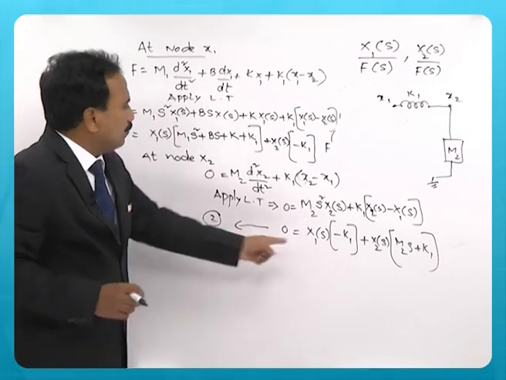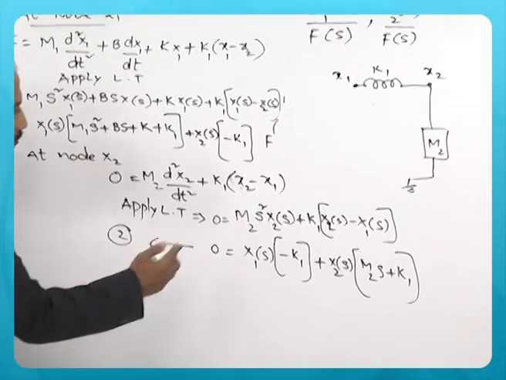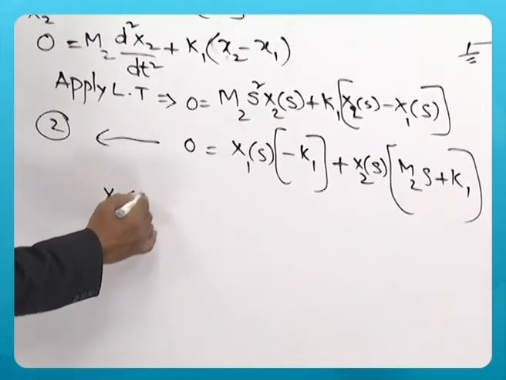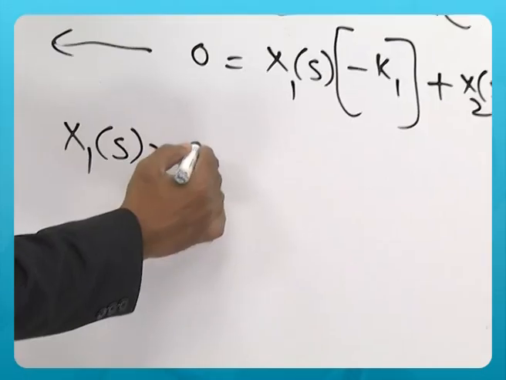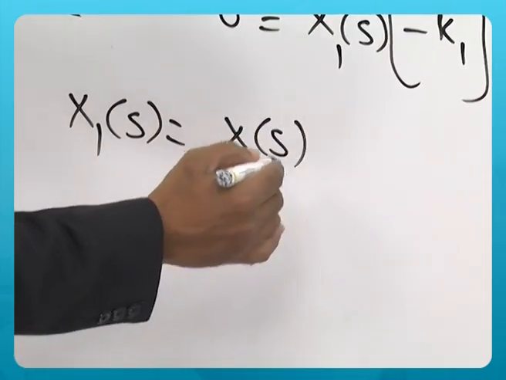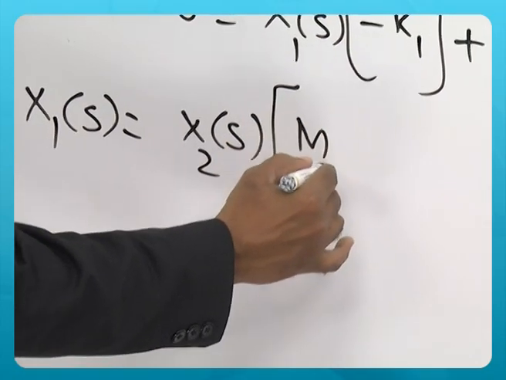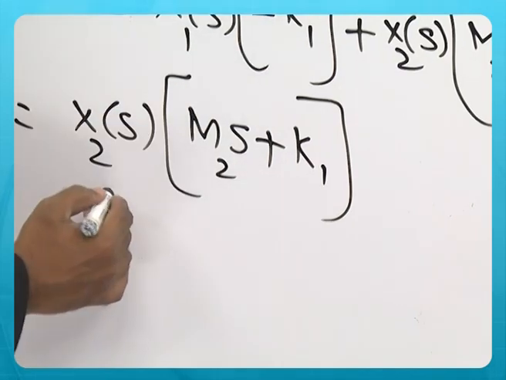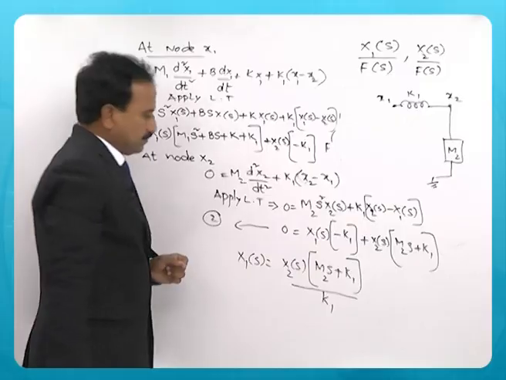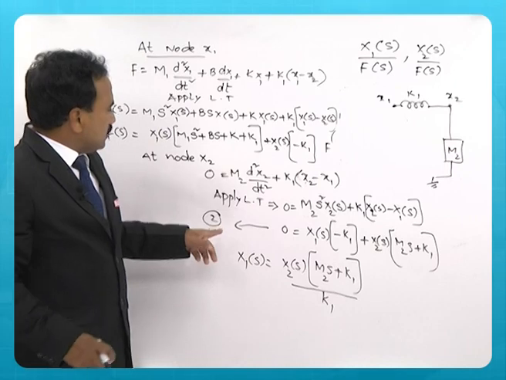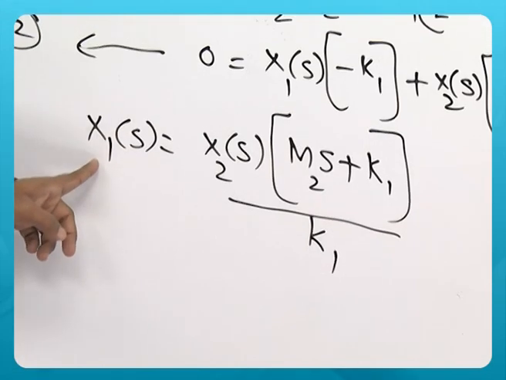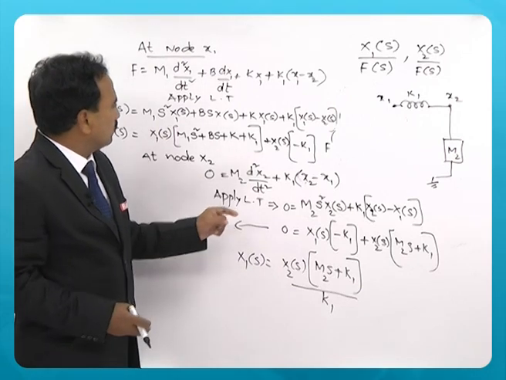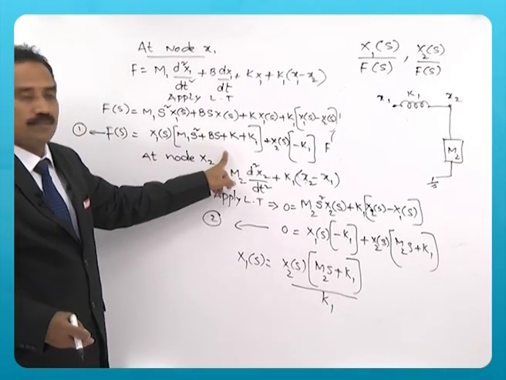Suppose from the second equation you write X1(s) equals X2(s) into m2 s square plus K1 by K1. So from this second equation you can get X1(s) equal to some term, and that term you substitute in equation 1.